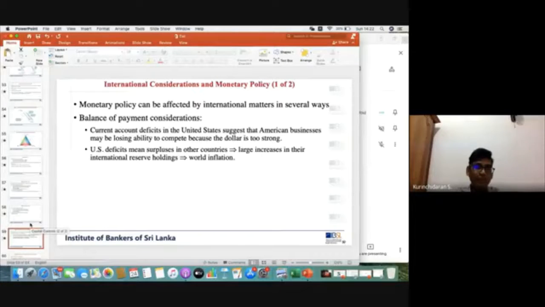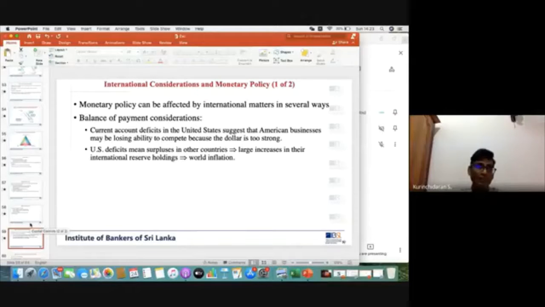Okay, now we are going to look at international considerations and monetary policy. Monetary policy can be affected by international matters in several ways. As I said, now you have to think in a broader way. Any other country, through its monetary policy, can manipulate exchange rates, and in such instances that also affects our local economy.